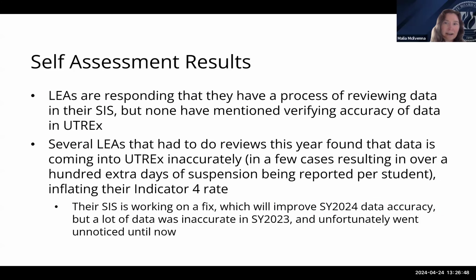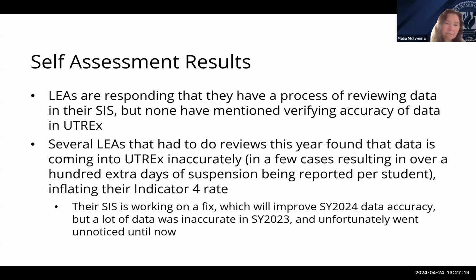Okay, so in the self-assessment results this year, we've been noticing that LEAs are responding to that question that, yeah, they have a process for reviewing data in their SIS, but none of them have mentioned verifying accuracy of data in UTREX, and unfortunately it shows. We've had several LEAs who had to do reviews this year that found that data for 2023 came into UTREX inaccurately.